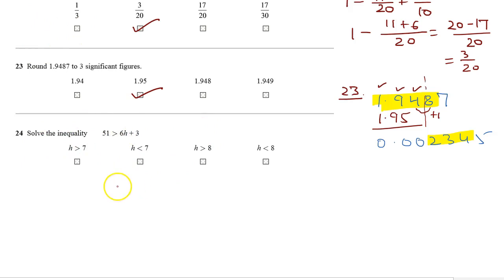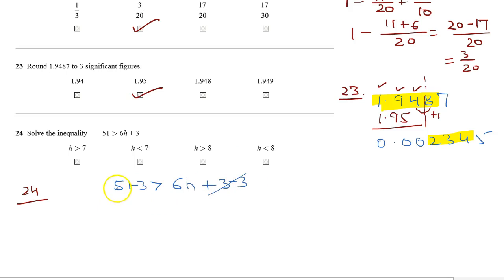Solve the inequalities. This is question number 24. 51 is greater than 6h plus 3. You transpose 3 to this side, or you can write minus 3 on both sides.